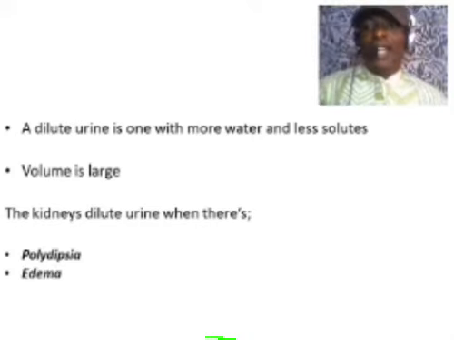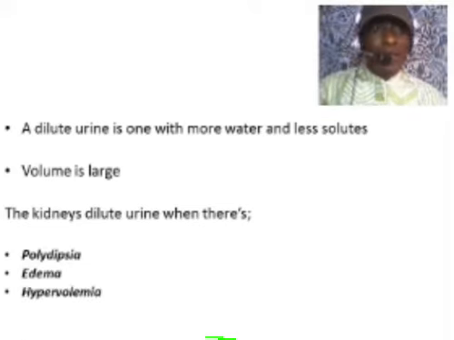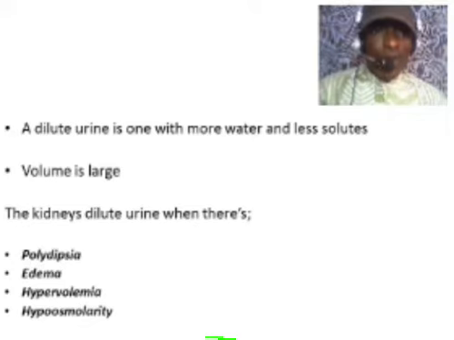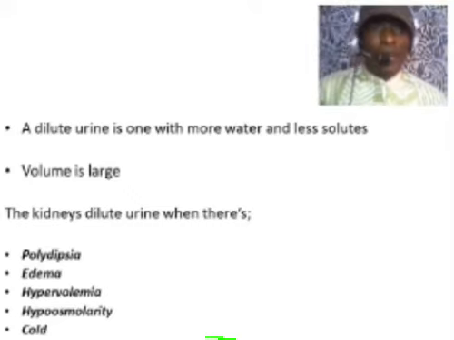Okay? Again, the human kidneys dilute urine during edema when there is excess body water content, hypervolemia when the ECF volume is so large, and in hypoosmolarity when there is low sodium ion content of the blood. Again, in cold conditions, when the weather is cold, you find out that you visit the restroom frequently.